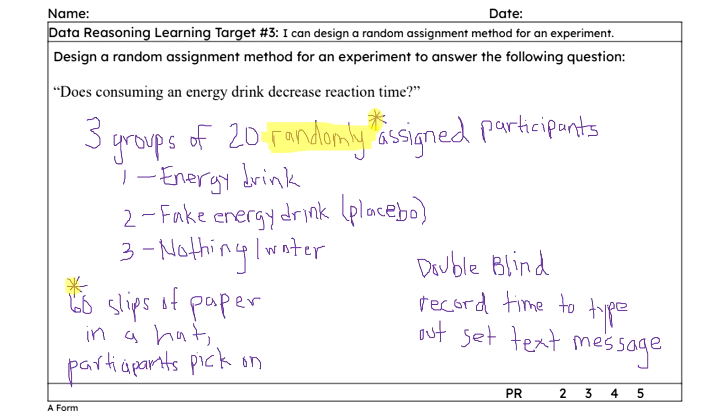This could be using a random number generator or rolling a dice or picking something from a hat, are popular ones. You also want to think about if uneven groups are okay, or if you want even groups. So usually even groups for an experiment is kind of more along the lines of what you go for. But as long as it has been randomly assigned to treatments, then you are good.